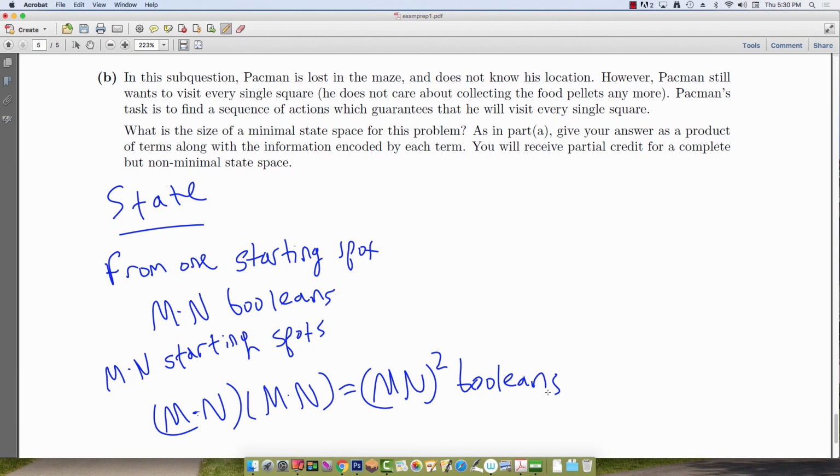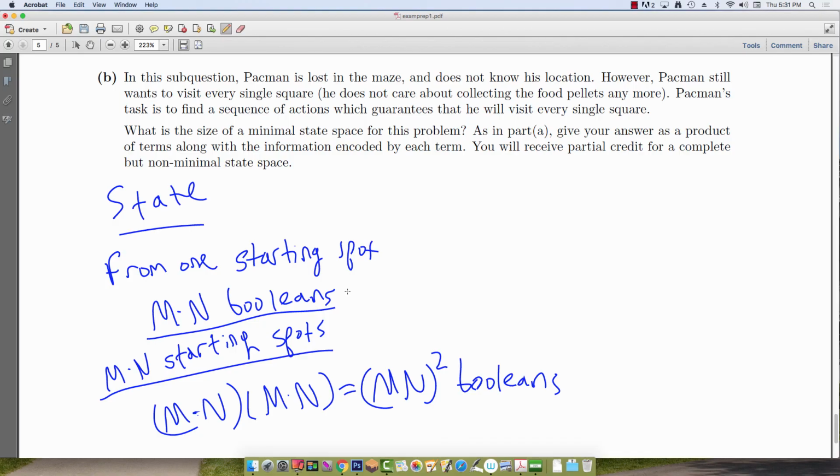Again, these booleans represent, if Pac-Man started in a certain spot, did he visit a certain spot in the grid?